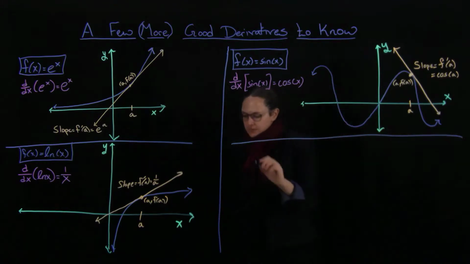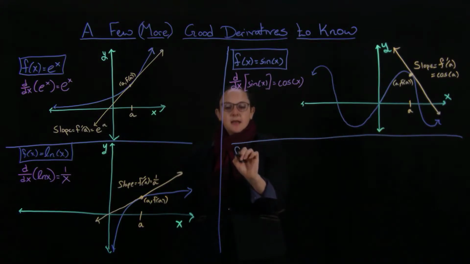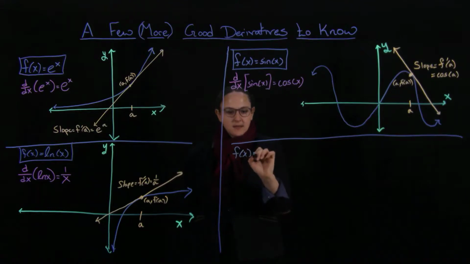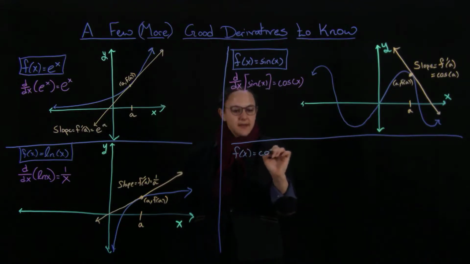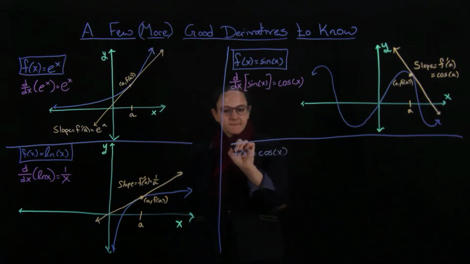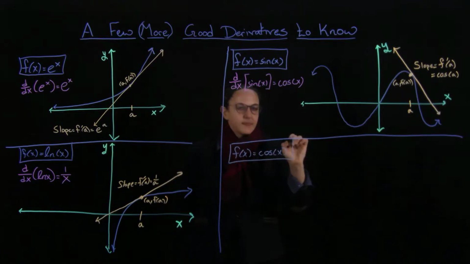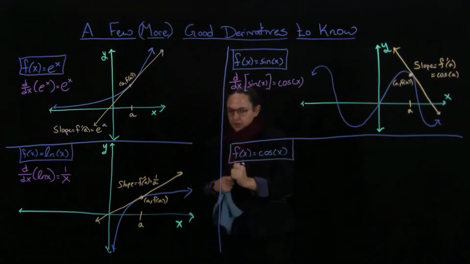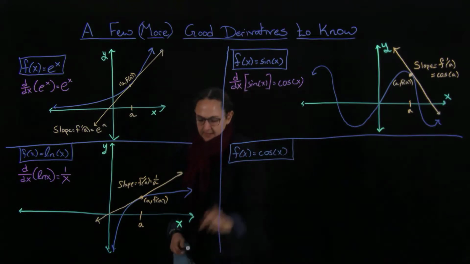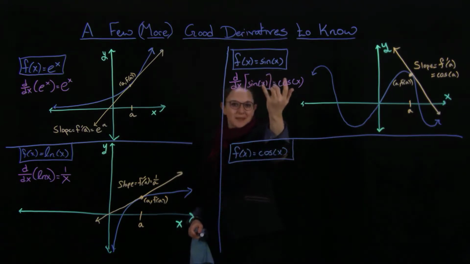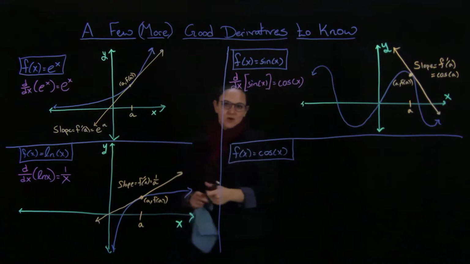So now the last one I want to show you here is f of x equals cosine of x. And I'll draw that for you in a minute. I first want to tell you, it's almost the same as swapping, except we pick up a minus sign when we have the cosine there.